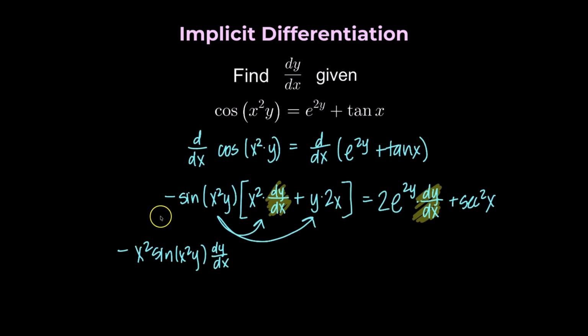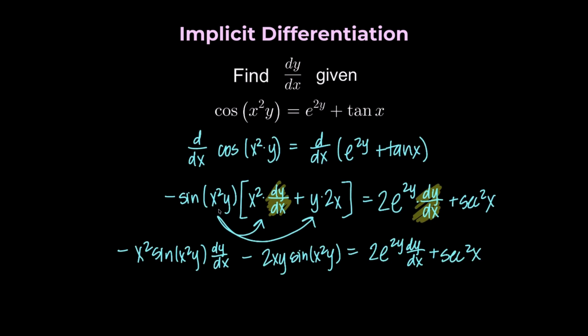Basically, we're just putting all of these factors next to each other. Don't do something crazy like put x squared into this sine function. Then we're going to have minus 2xy sine of x squared y is equal to 2e to the 2y dy/dx plus secant squared x.